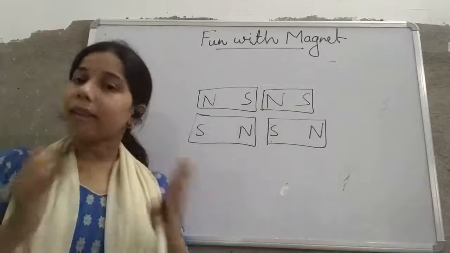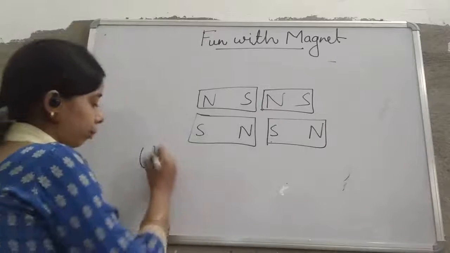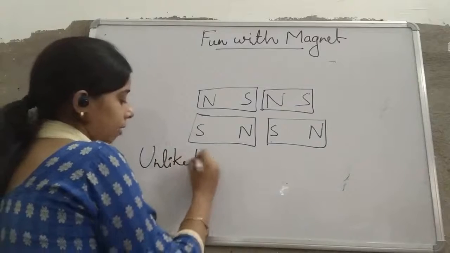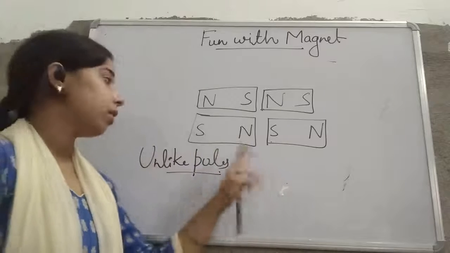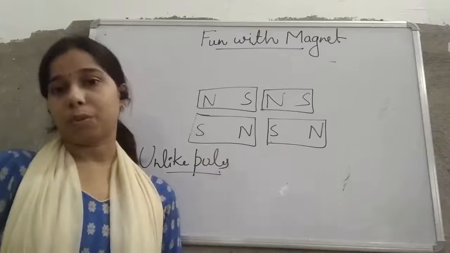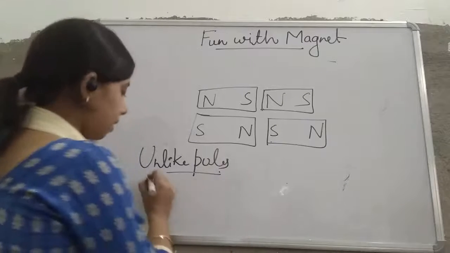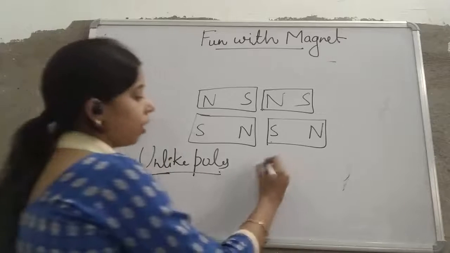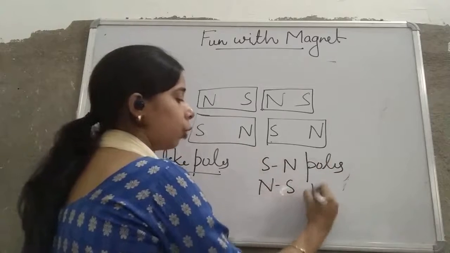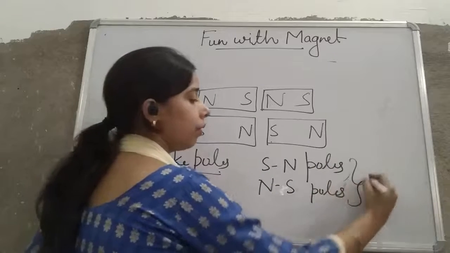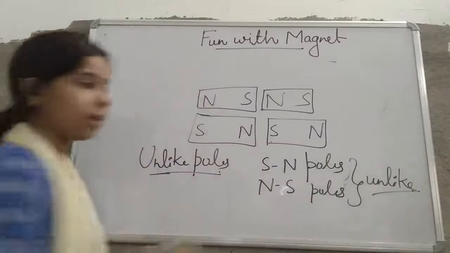They are not like each other, which means they are unlike poles. Same thing here also: this is the north pole and this one is the south pole. Again, they are not like each other, so we call them unlike poles. So if south pole and north pole are together, or north pole and south pole are together, we call them unlike poles.